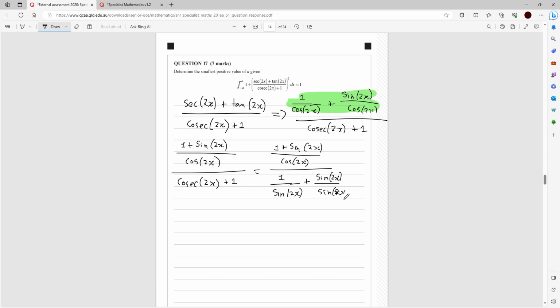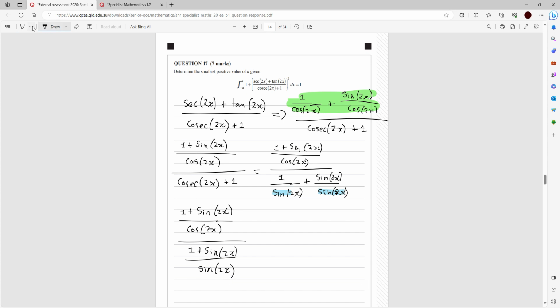And now I can add them together because those have common denominators. So what we get is 1 plus sine of 2x on cos of 2x, all over 1 plus sine of 2x all over sine of 2x.